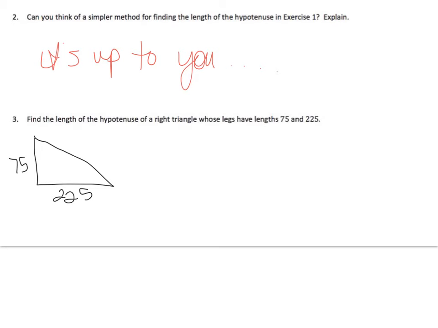So if I have a right triangle whose legs are 75 and 225, 225 divided by 75. Okay, this is going to be similar to a triangle that has leg lengths of 1 and 3. If I divide both of these by 75, I get 1 and 3. That's where that came from.